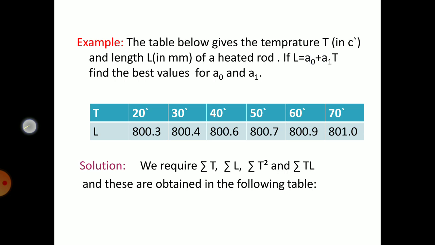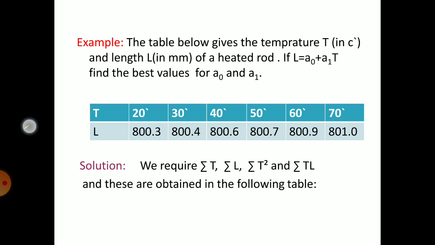If L is equal to A0 plus A1 T, find the best values for A0 and A1. That means, in the theory part we have seen that the equation is y equals a0 plus a1 x. Now in this case, instead of y it is given as L, and instead of x it is given as T.